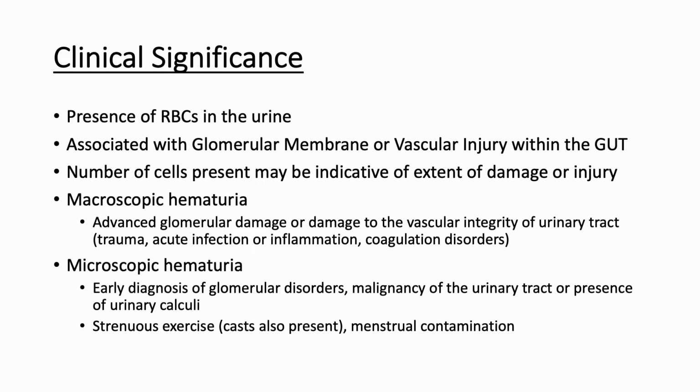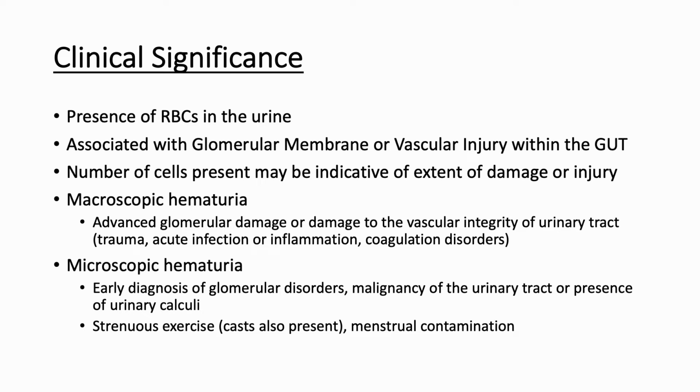The clinical significance of the presence of red cells in the urine may be associated with glomerular membrane or vascular injury within the genitourinary tract, and the number of cells present may be indicative of the extent of damage or injury. Macroscopic hematuria is associated with advanced glomerular damage or damage to the vascular integrity of the urinary tract, like in trauma, acute infection or inflammation, or coagulation disorders.